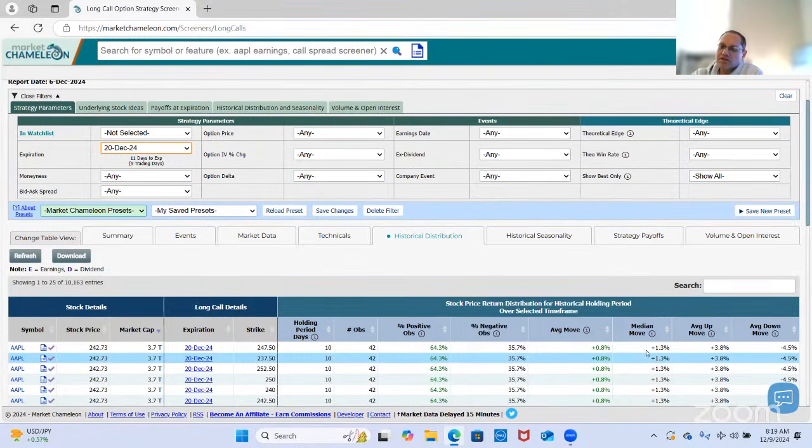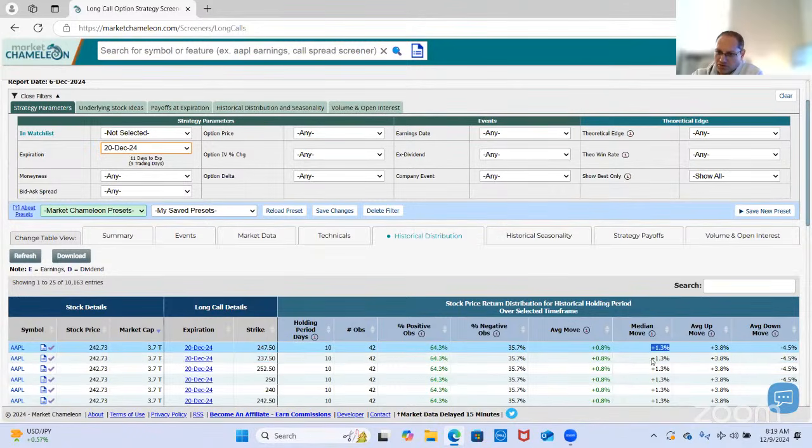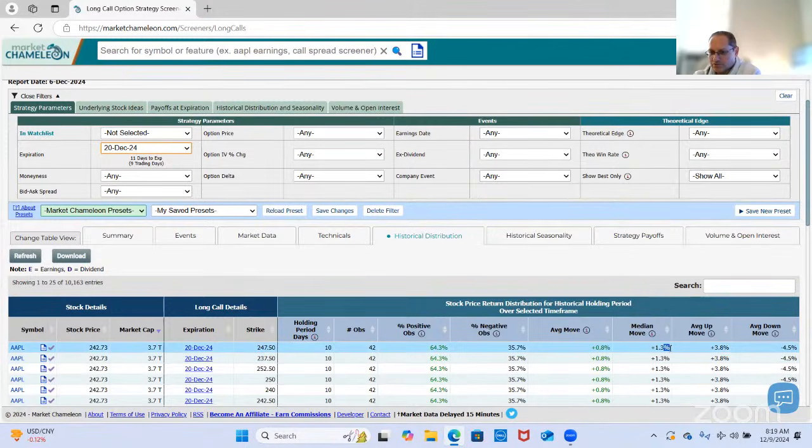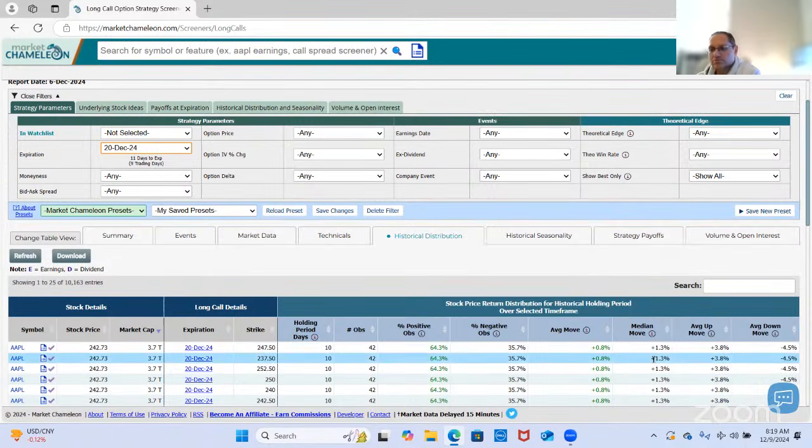So this is the median move right here, 1.3%, meaning half the observations were above a positive 1.3, half below. So this indeed shows us that in a 10-day hold period, historically, stock tended to move higher, right? Its tendency is to move higher. And we could see here, if we just look at the average and the median, about 1%.